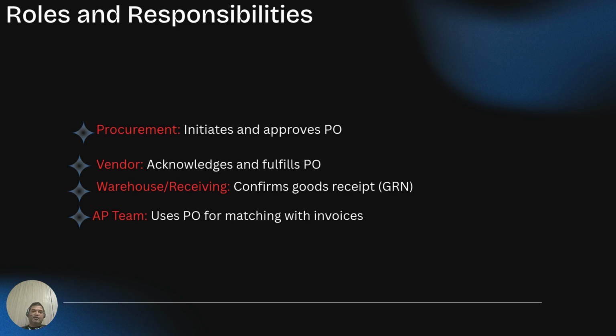The vendor acknowledges and fulfills the requirement of the PO, and then the goods are received by the warehouse or the receiving team, which confirms the goods receipt, which is also known as GRN. And then the final step is for the goods and services that you received. The AP team receives the invoice, which also uses the PO for matching the invoices.